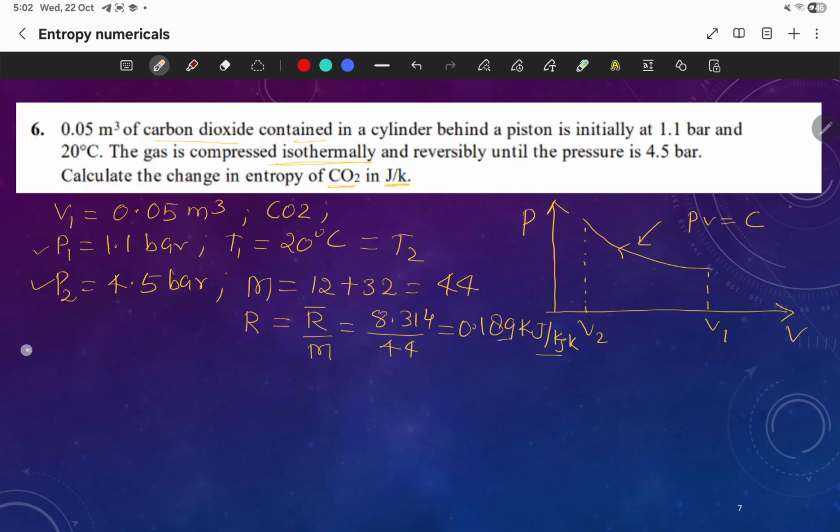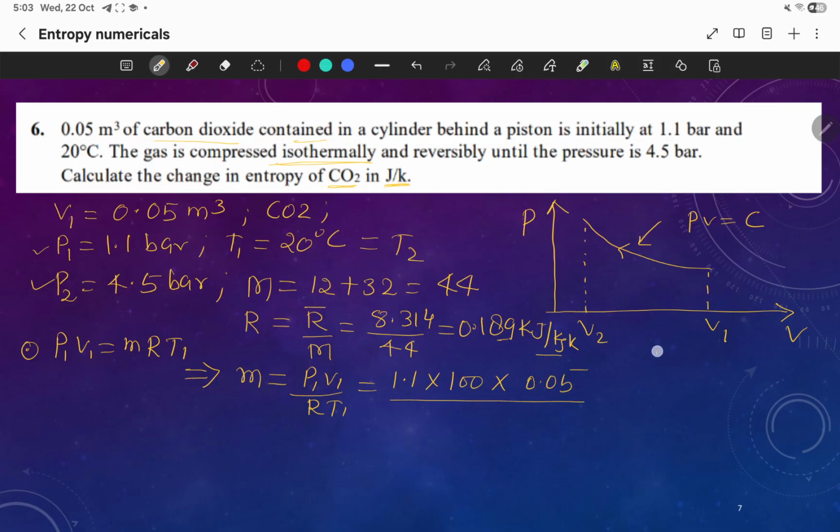And now let's calculate the initial mass of this gas. So we will use P1 V1 equals mRT1. Okay, so from here we will get small m as P1 V1 upon RT1. So now do all the calculation, right? So this will be 1.1 bar, 1 bar equals 100 kilopascal, into V1 is 0.05 meter cube.